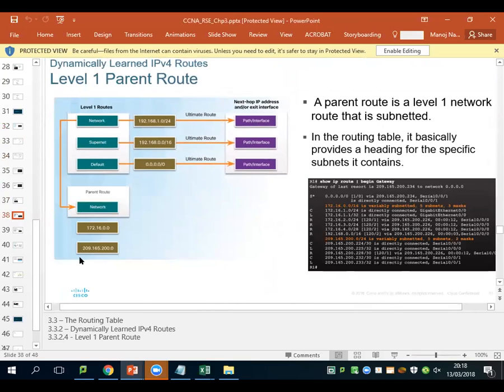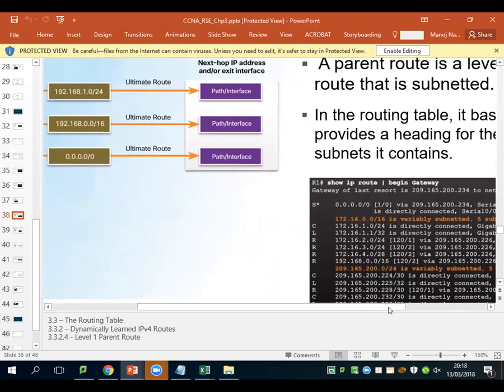Level 1 parent route, there we go. This parent route, see this network address here, being a /24, is a level 1 route. It is a level 1 route that has subnets to it. The show IP route command will show you which ones they are. Anywhere it says variably subnetted in your route information, just zoom into this.